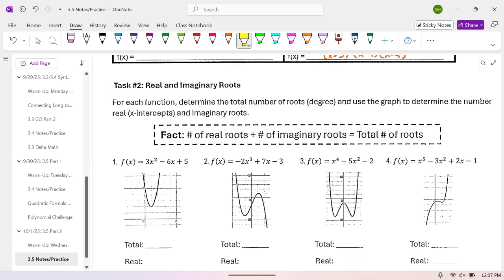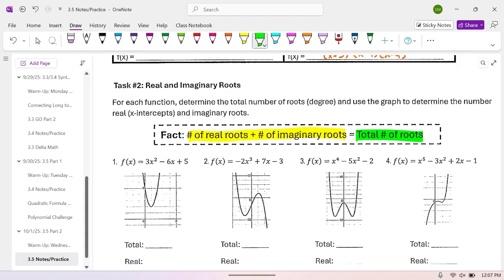Now, it's very easy to figure it out because the real roots are the ones that we automatically see. The real roots are the ones that actually cross through the x-axis. Now, it's easy to figure out how many imaginary there are because all you do is take the number of real roots plus the number of imaginary, and that equals your total number of roots.